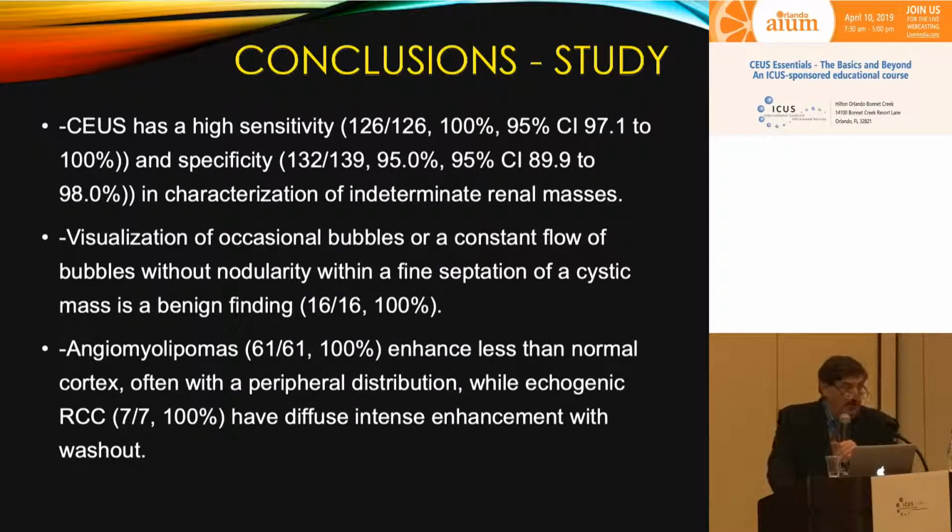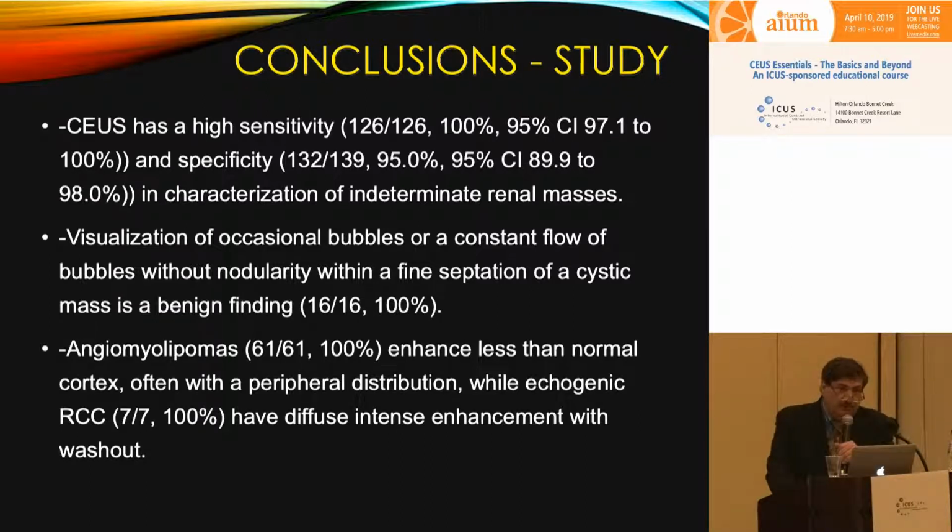So to conclude, ultrasound contrast has a high sensitivity of about 100% in our study and a specificity of 95%. Again, our misses were mostly oncocytomas and some infected cysts. Visualization of occasional bubbles or a constant flow of bubbles without nodularity and fine septations in cystic masses is a benign finding.